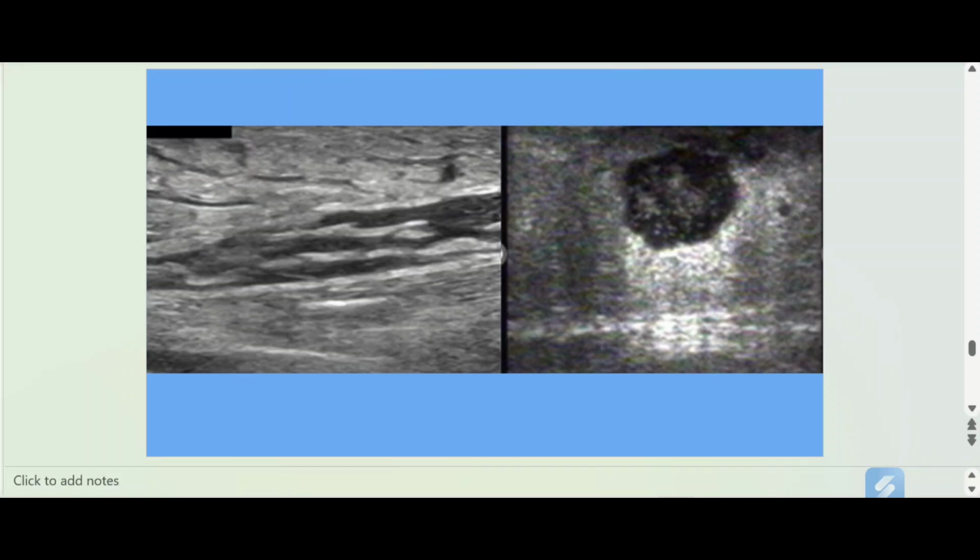Now here I have compared the ultrasound image for cellulitis and abscess. This left one is a case of cellulitis, and this one is an ultrasound of an abscess. Can you see? In case of cellulitis, the subcutaneous fat lobules appear as a cobblestone, bumpy, irregular, thickened fat lobules, and there is also fluid in the paraseptal area.